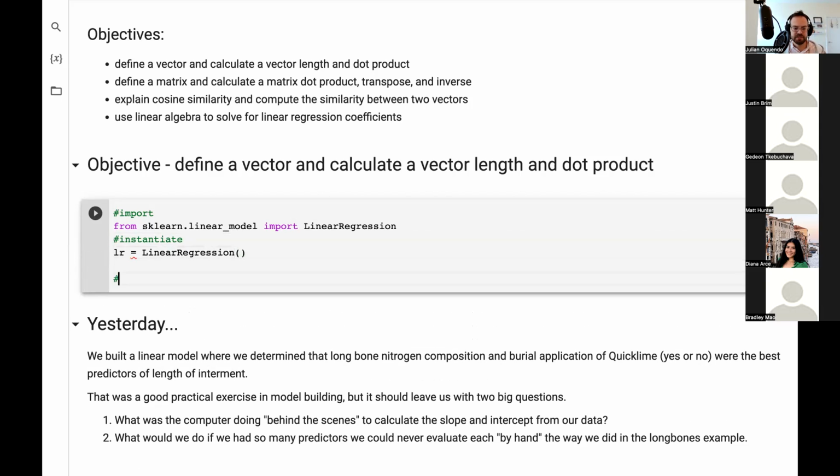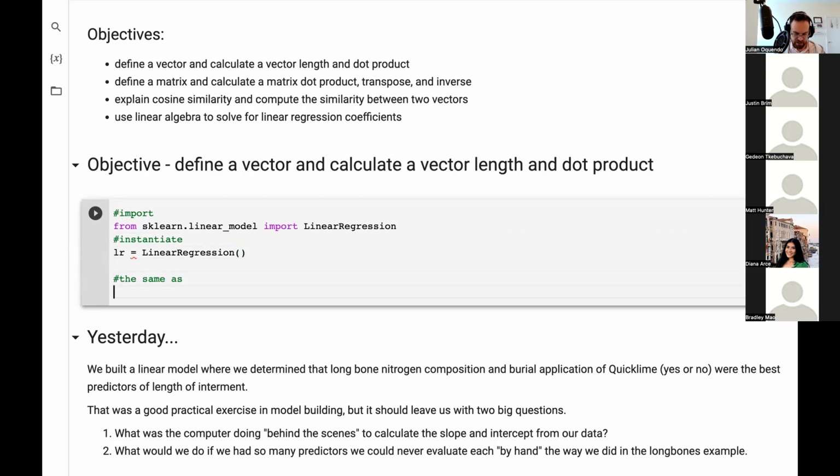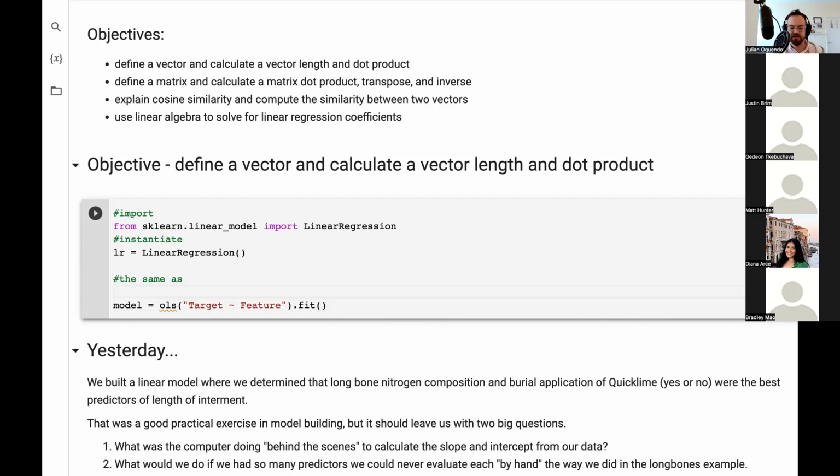Now note, this is the same as what we've done with our model, where our model is equal to OLS, and then it's your target to your independent feature, and that value is fit. Note that this is actually multiple steps put together.